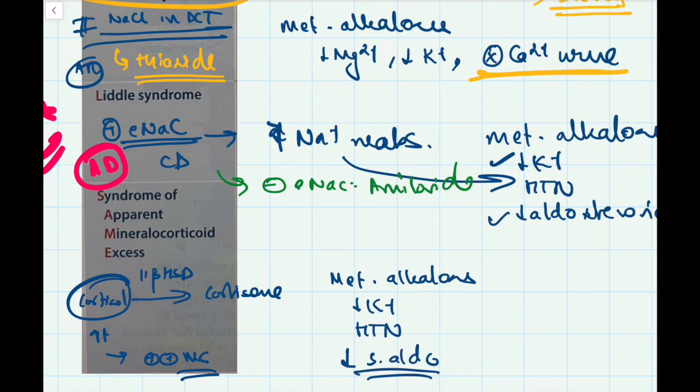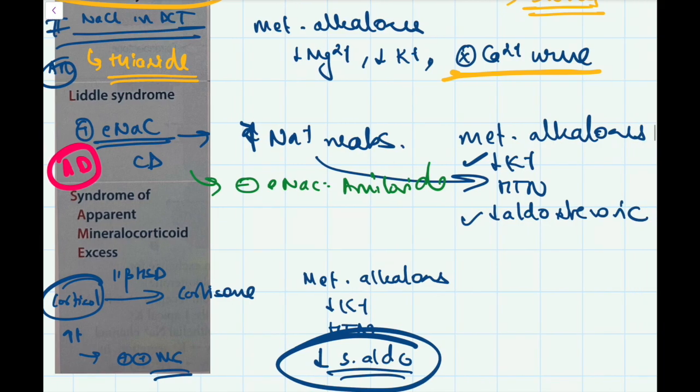There is activation of the mineralocorticoid receptor in the absence of aldosterone. Hence, this is also an example of hypokalemic hypoaldosteronic hypertension. As the name suggests, there is apparent mineralocorticoid excess. In actuality, there is no excess of mineralocorticoid, just the activation of the mineralocorticoid receptors.